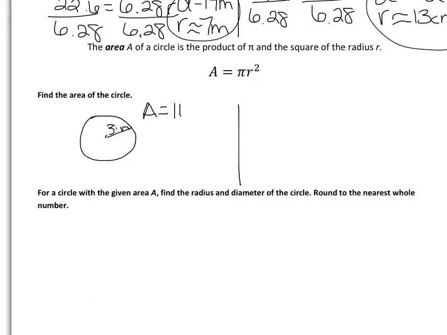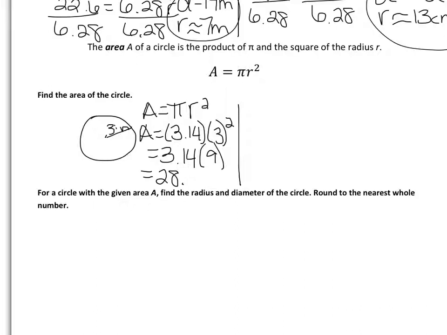So A equals pi r squared. Instead of pi, once again, we're going to use 3.14, and my radius is 3, and we are going to square it. So we really should be taking 3.14 times 9, and we get an area of 28.26 inches squared.